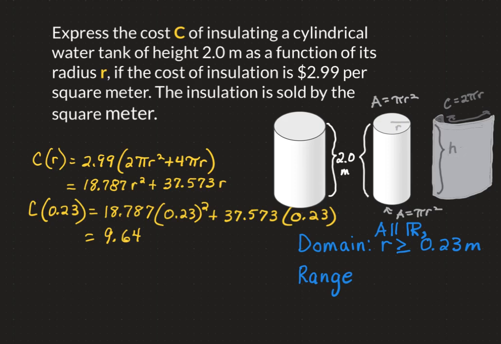And remember, that's in dollars because our 2.99 was in dollars per square meter, and we multiplied by the area, which is in square meters. Therefore, we are left with C of R is greater than or equal to $9.64 to insulate that tank.